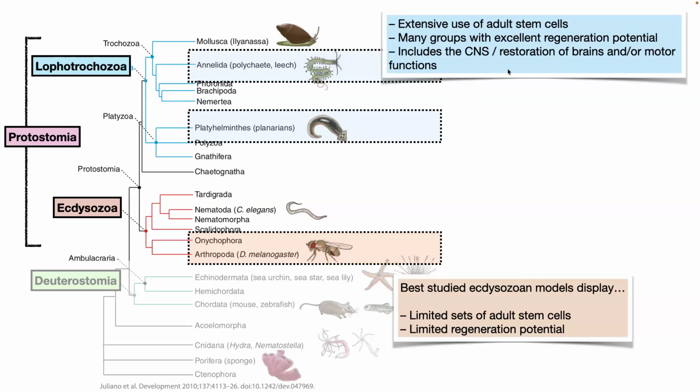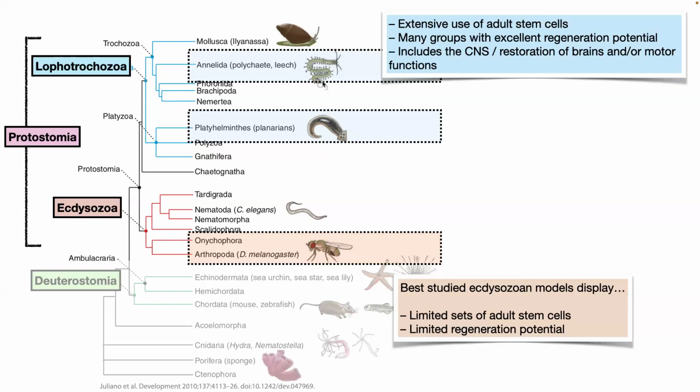And as a teaser for the rest of my lecture, there is extensive use of stem cells in the adult body plans of annelids and planarians. We'll look a little bit into these phenomena. And many of the groups hence also come with excellent regeneration potential that does include the central nervous system, even restoration of brains or at least of motor functions, for instance, in the axial motor system in these annelids.